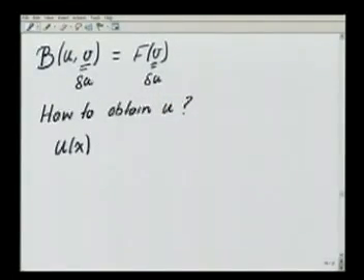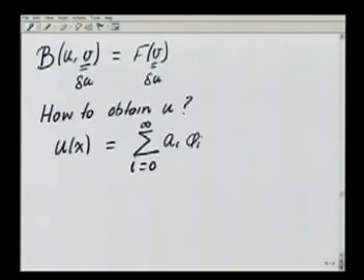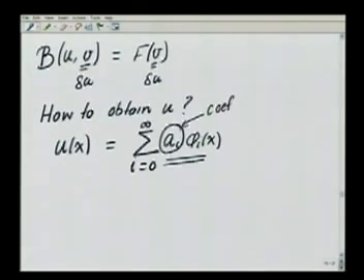We are going to represent u as a series in this form. In this series, what we would like to obtain is the coefficients of the series, provided we choose these functions phi i of x, which you can call the so-called basis functions.